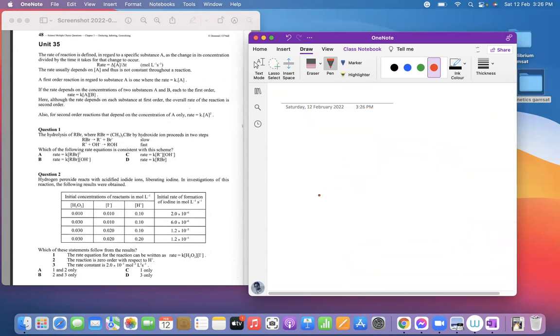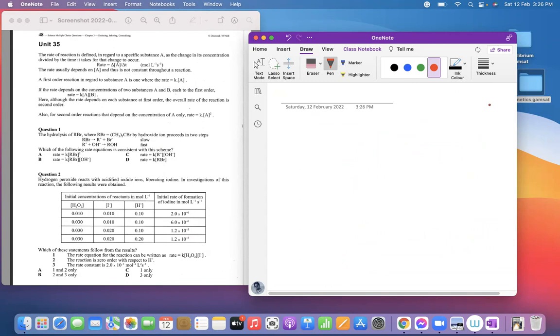We have a complex reaction and then we have some mechanism with a slow step and a fast step. Tell me what it should be. Someone is saying D. I think, Rohina, you are absolutely right.